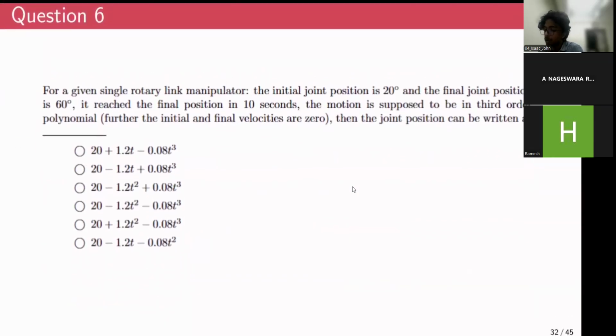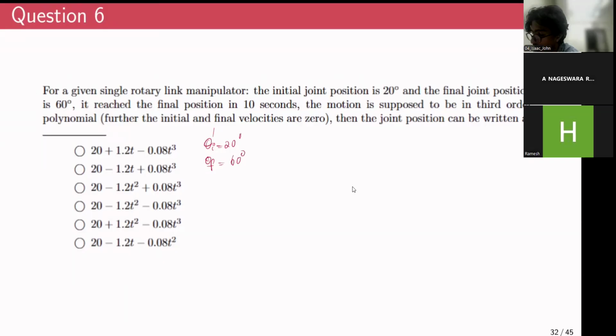All right. So moving on to a question. This is similar to what we have solved, but I feel this is easier. For any given single rotary link manipulator, the initial joint position, theta I, is given as 20. And the final joint position, theta F, is given as 60 degrees.